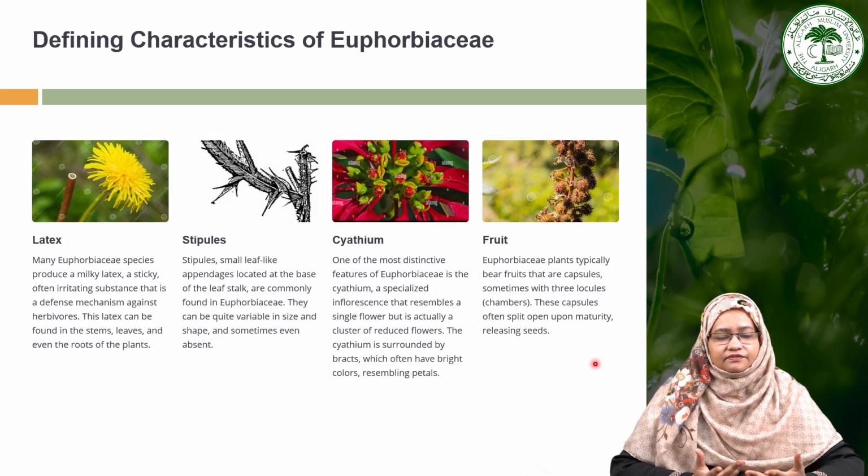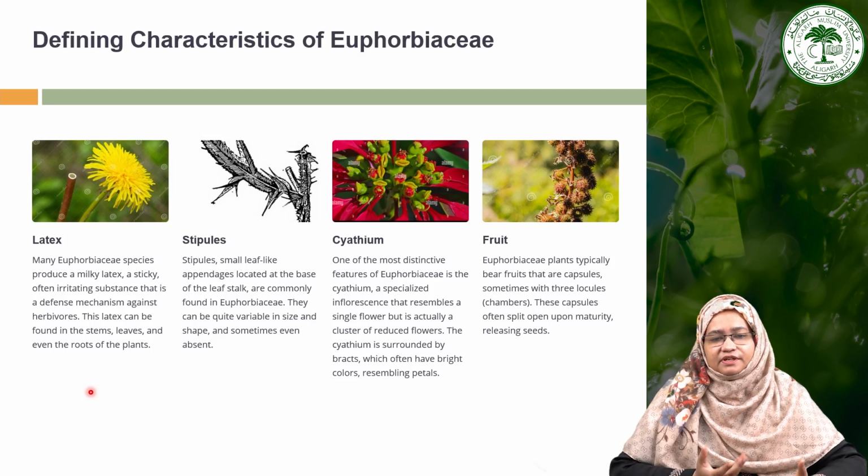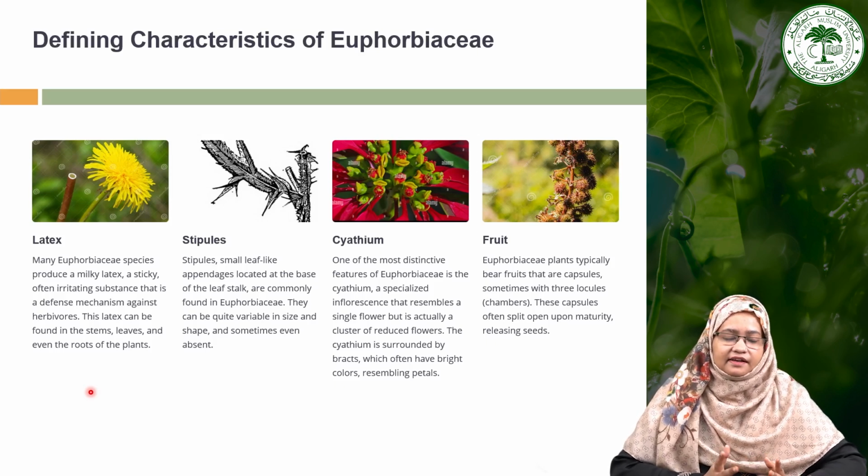Now we are going to discuss these particular defining characters. As we have seen in the previous vegetative characters, this particular family has the presence of latex, a milky latex that is sticky in nature. So the presence of latex in many Euphorbiaceae plants also attracts insects, which is one of the characteristics of this particular family, and also acts as a defense mechanism against herbivores.